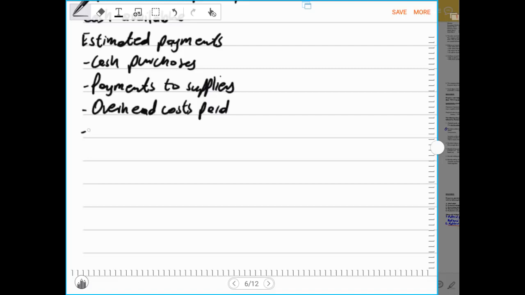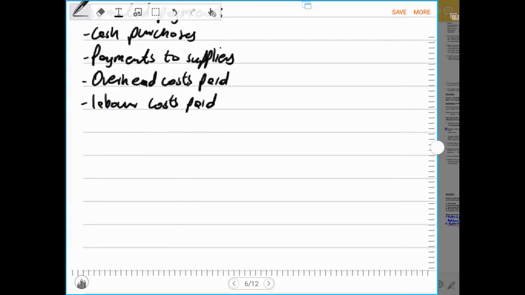Then labor costs paid. These were the only expenses that we have.